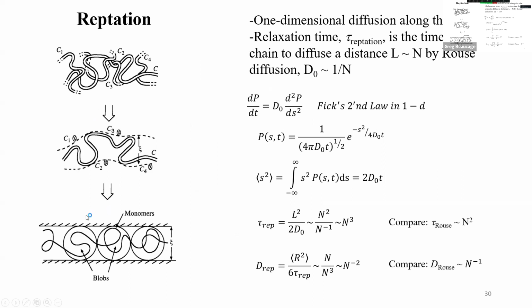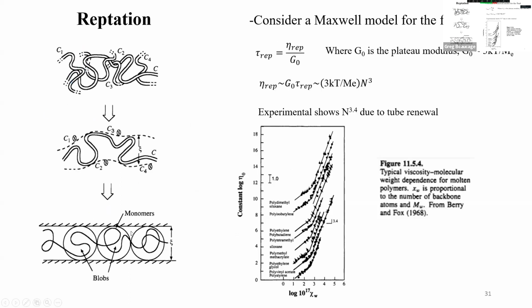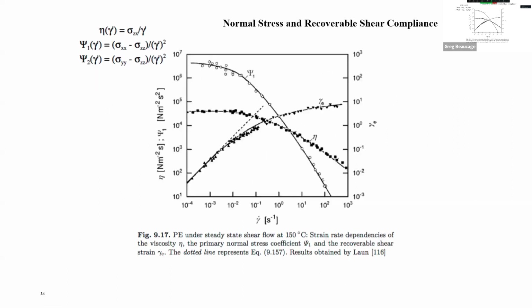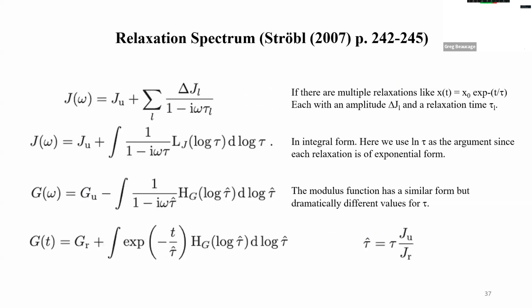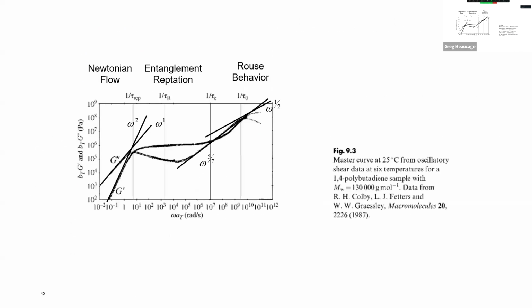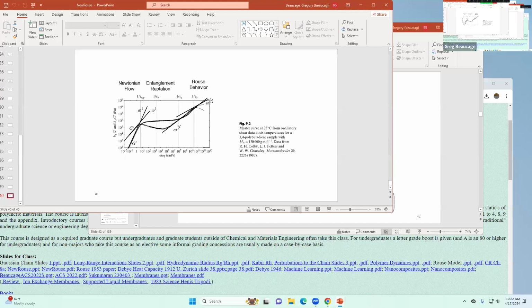You have the tube made up of entangled chains, and then within the tube, the chain has Rouse behavior. Within the tube, it's Rouse transport, and then you include the complexity of the tube.